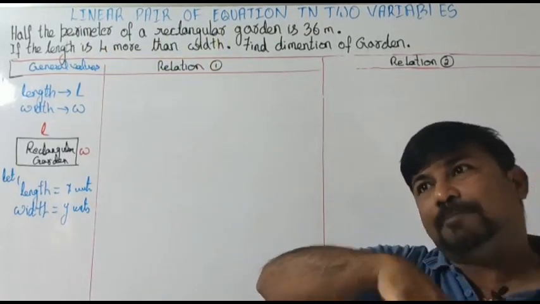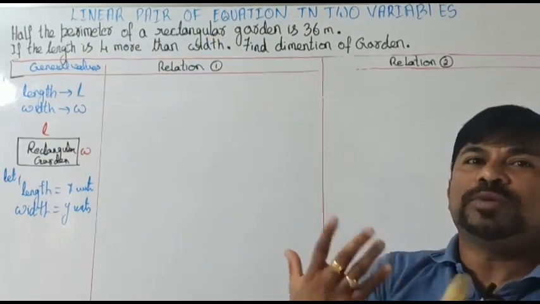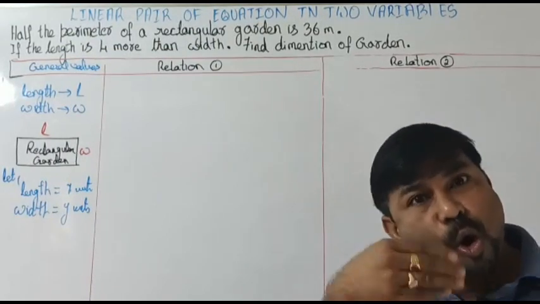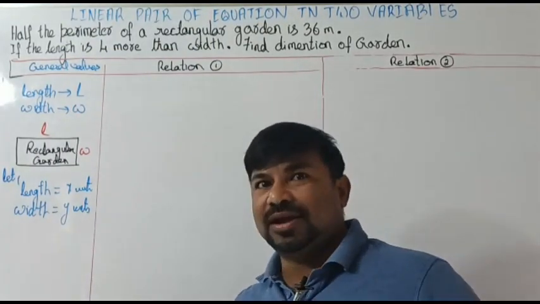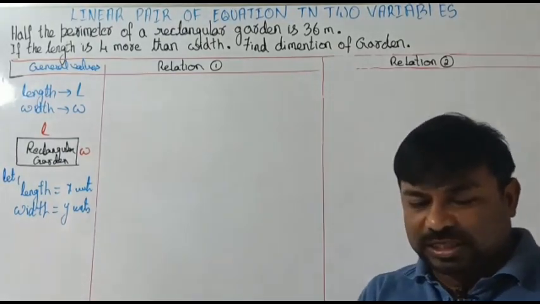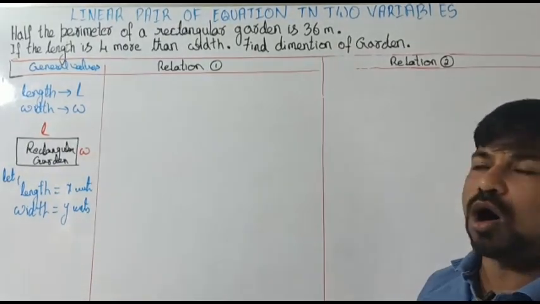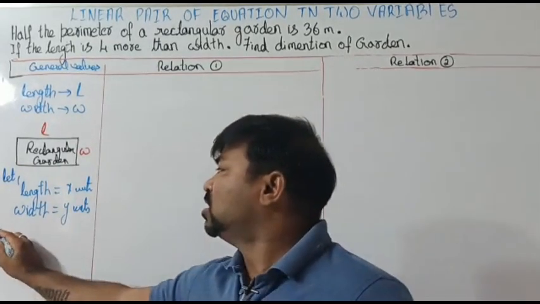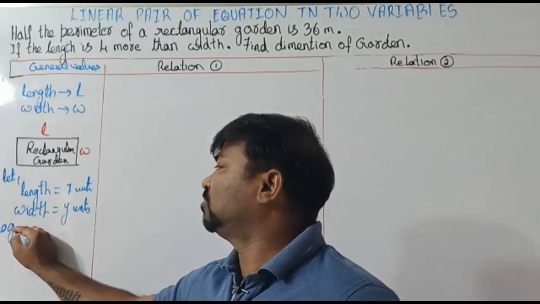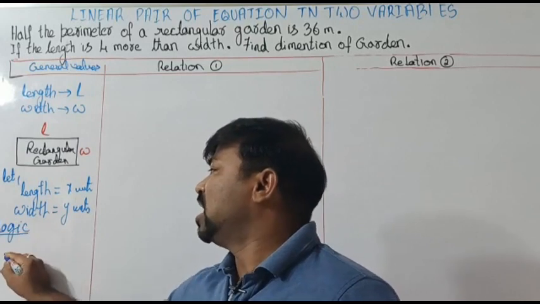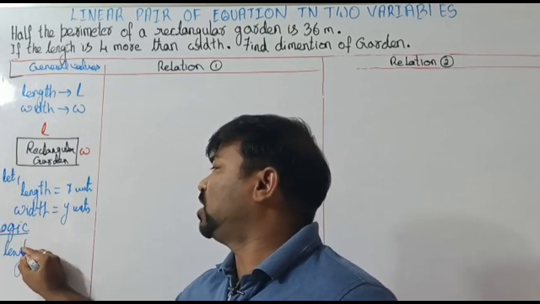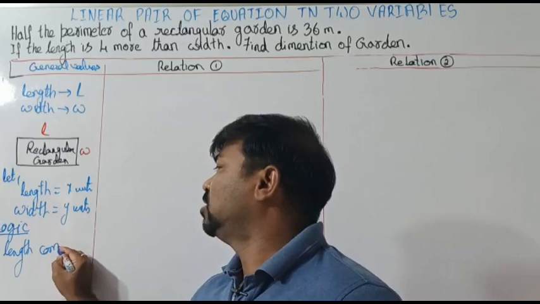Length is compared to the width. How much is the length? Length is 4 more than the width. So my logic says, in a different way, what is compared to what? Let's go for the logic here. The logic is saying length is compared to width.